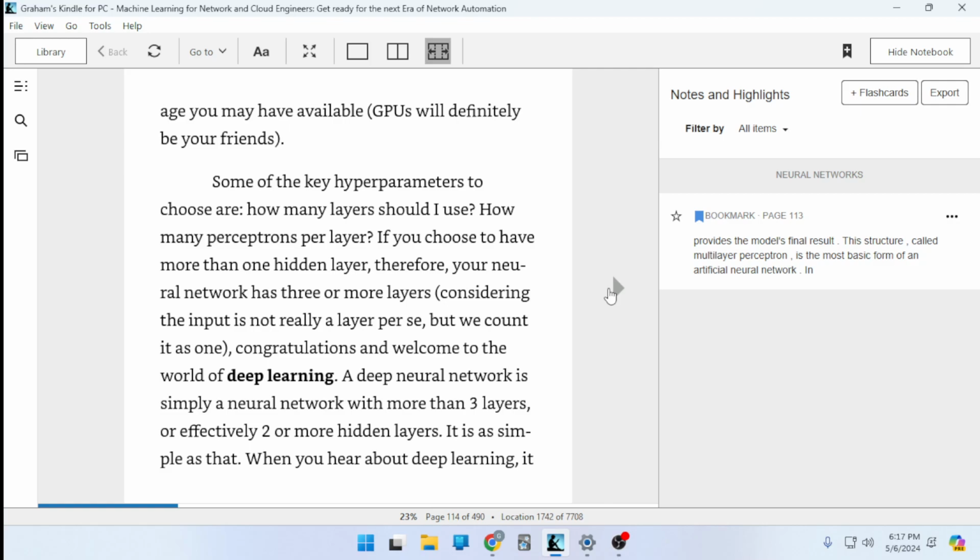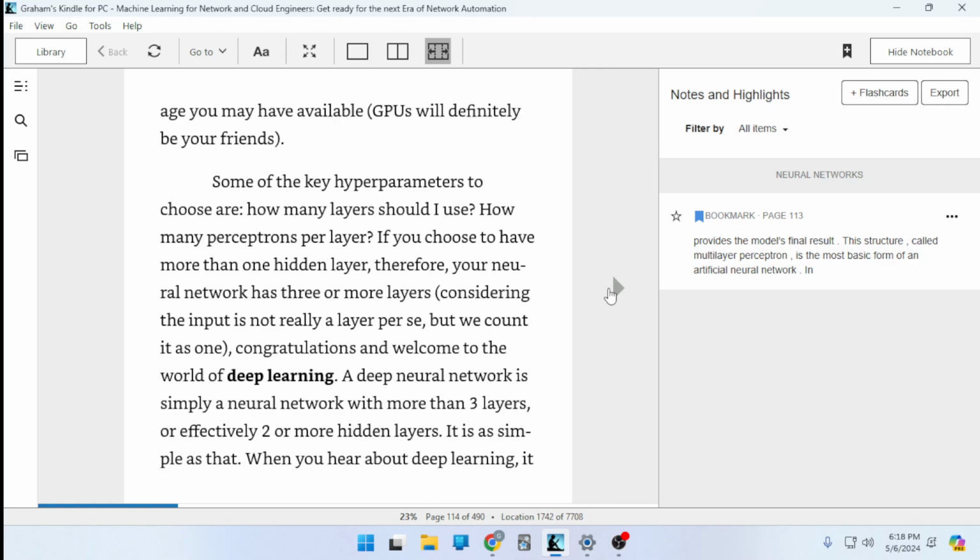If you choose to have more than one hidden layer, therefore your neural network has 3 or more layers, considering the inputs, which is not really a layer per se, but we count it as one. Congratulations and welcome to the world of deep learning.